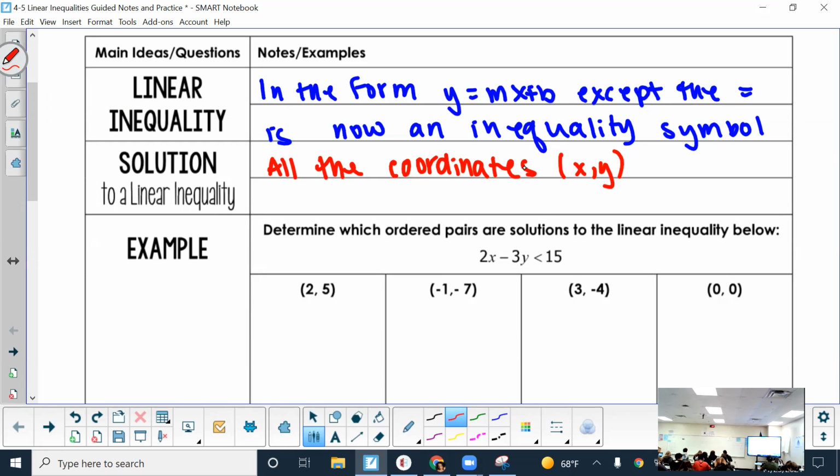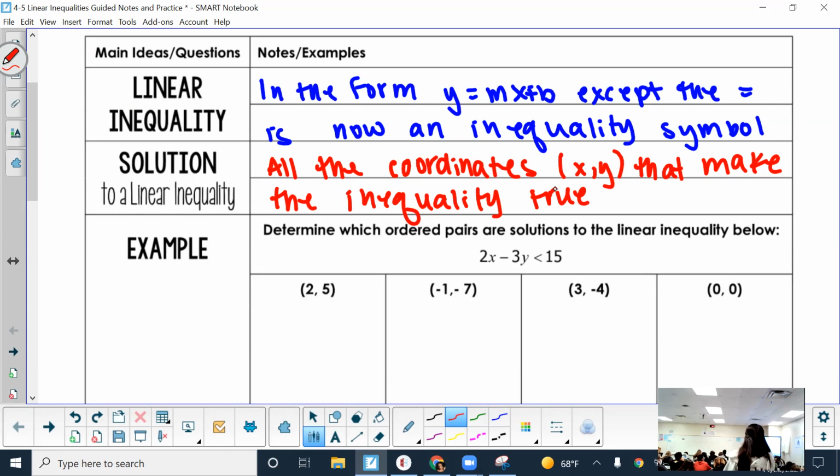So all the coordinates that make the inequality true. All right, a solution to a linear inequality is all the coordinates that make the inequality true. Linear inequalities are in the form y equals mx plus b, but the equal sign is now an inequality.